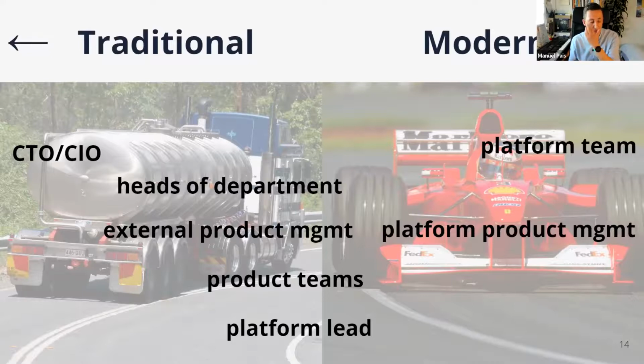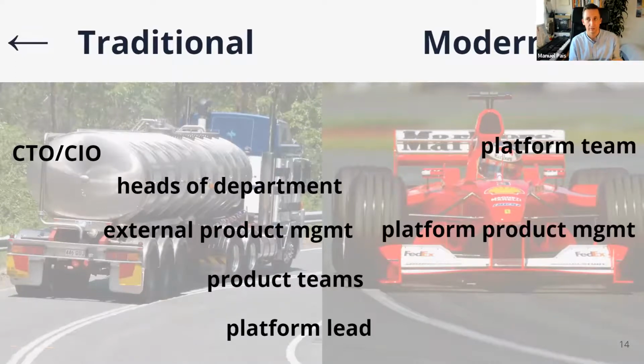Obviously it depends a little bit on the context of the organization, what their roles are. But the reason why you see those roles more or less in the middle is because, to me, those are inputs, right? They're inputs to the decision making, but they're not the people who decide.